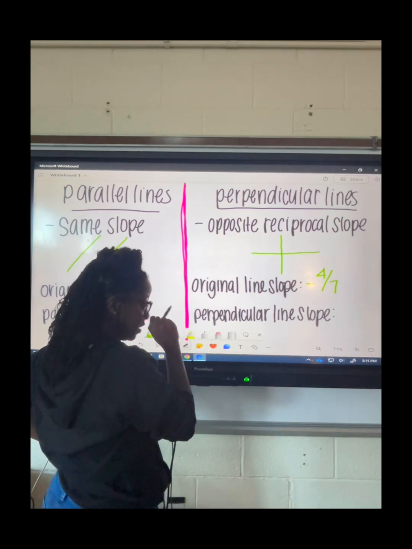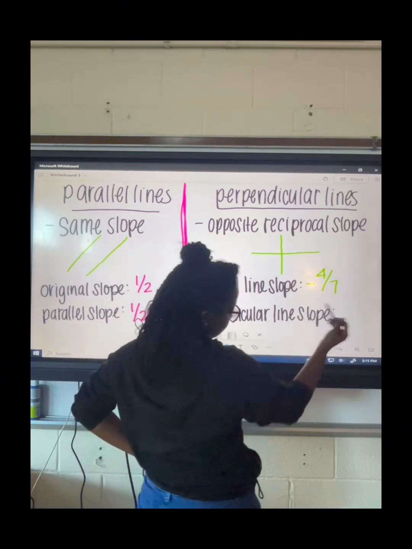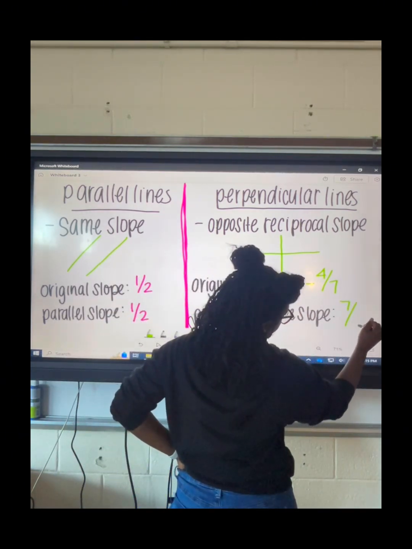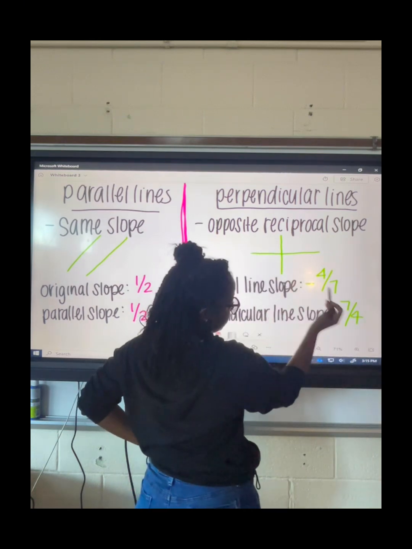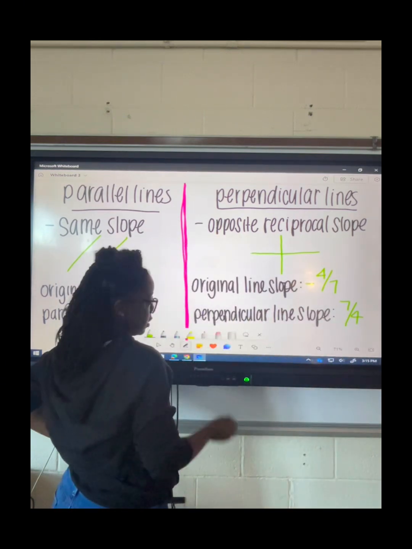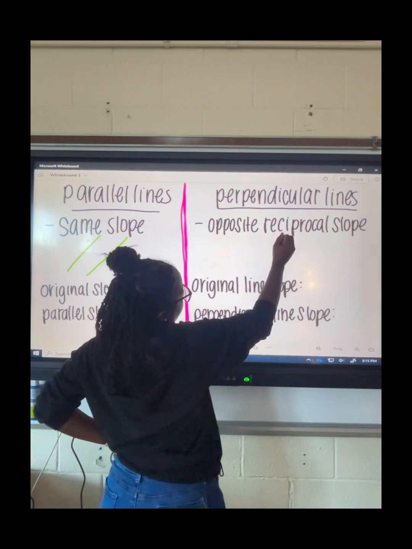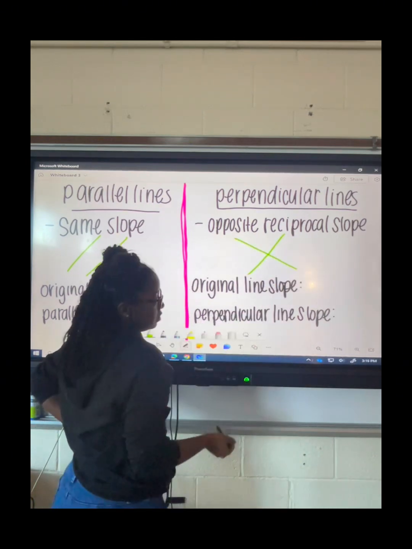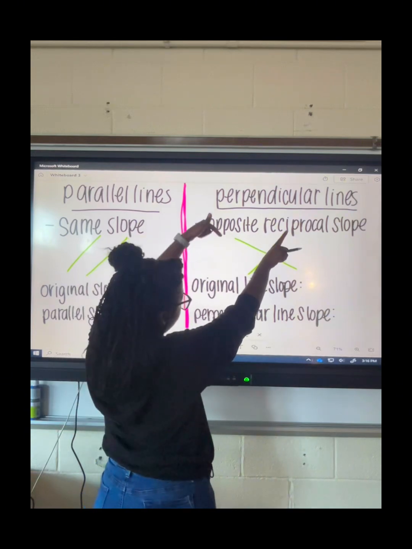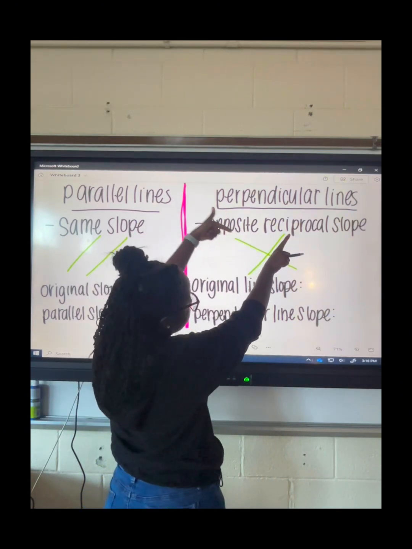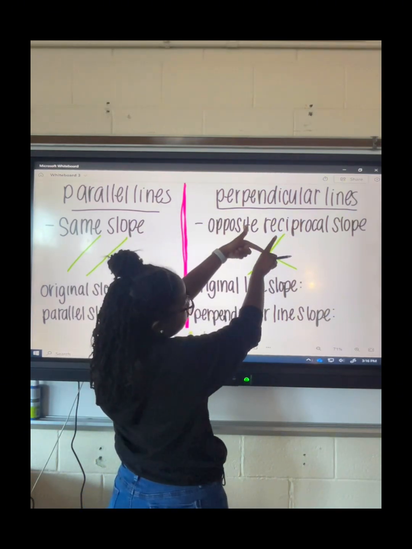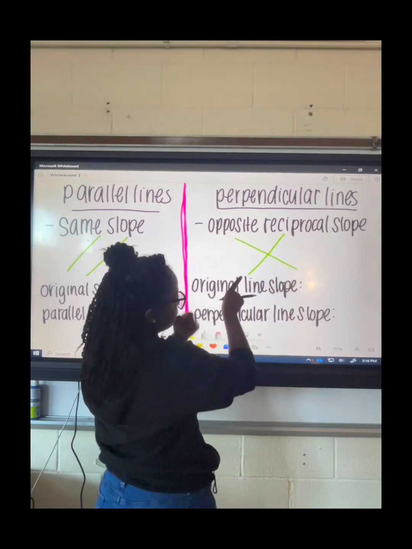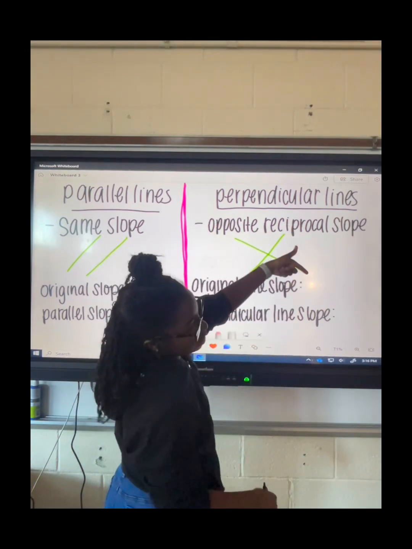What do you think it's going to be? +7/4. This one was negative, this one positive. So let's say my original line was like this and my other one was like this. So this one going this way, this one going the opposite way. Not only the opposite way, but it's also flipped different, so I'm going to flip my sign as well. This got a positive slope, this got a negative slope.